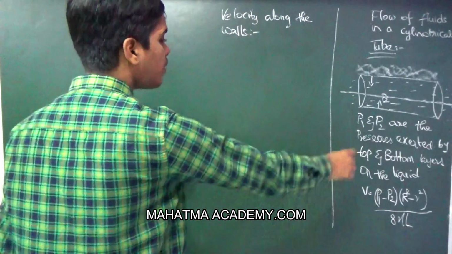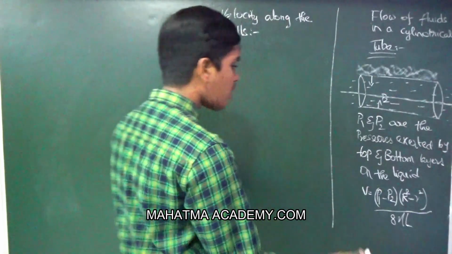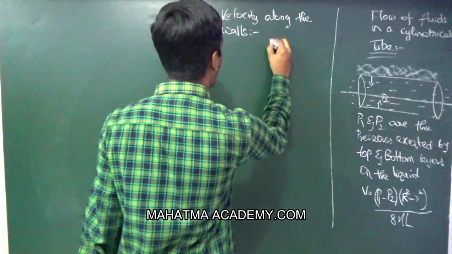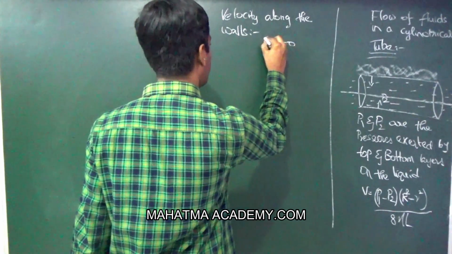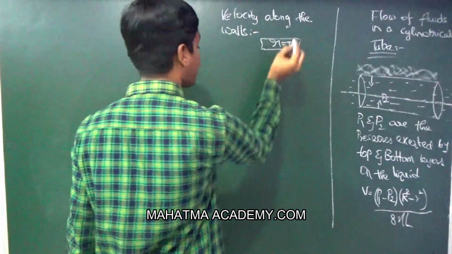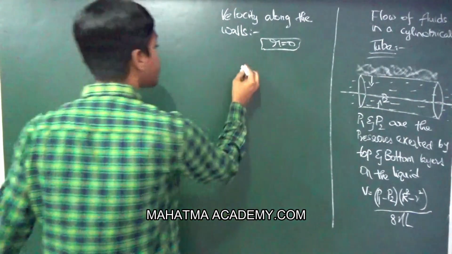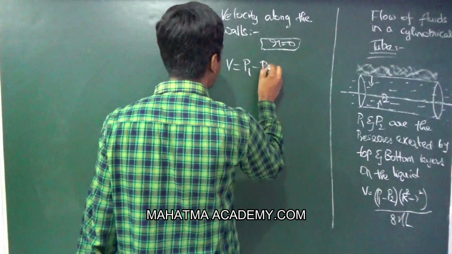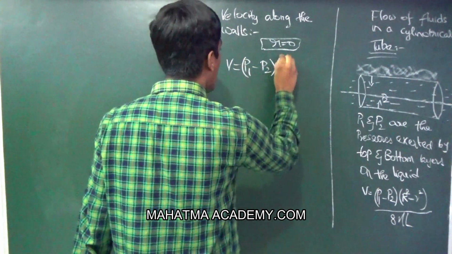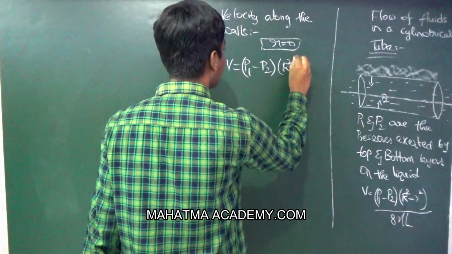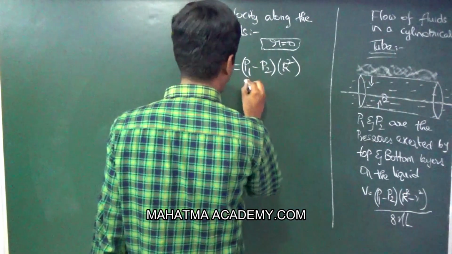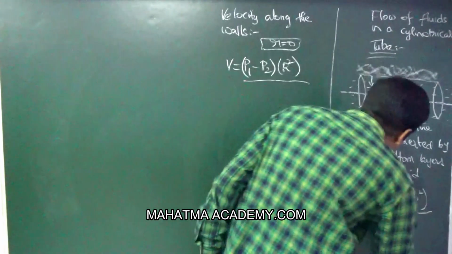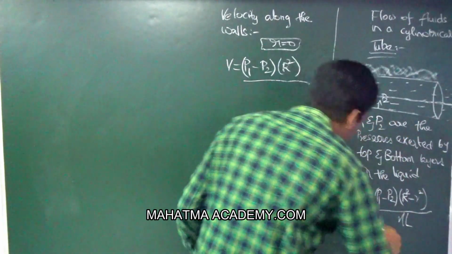Here the case is small r equal to capital R. Now the velocity will become V is equal to (P1 minus P2) into R square upon 4 eta L. Sorry students, here the value is 4.